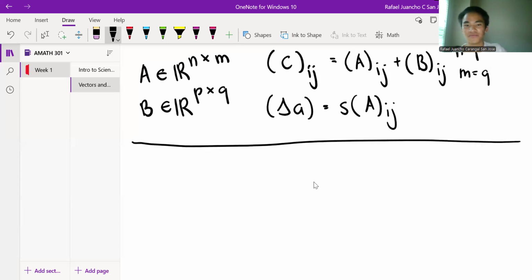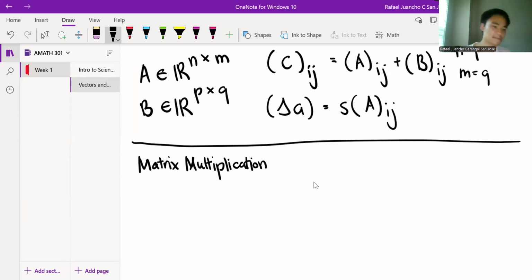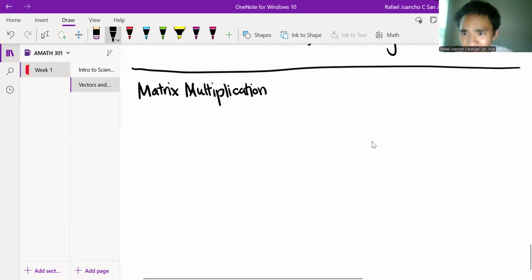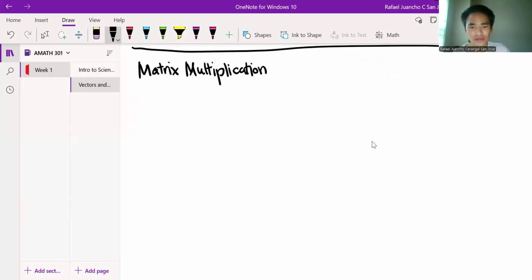Moving on. Now we're going to talk about something in linear algebra that I have yet to fully learn, the concept of multiplying matrices. So if we want to multiply matrix A and B, how do we do that? I haven't learned that in my calculus course, but we're gonna learn it here.